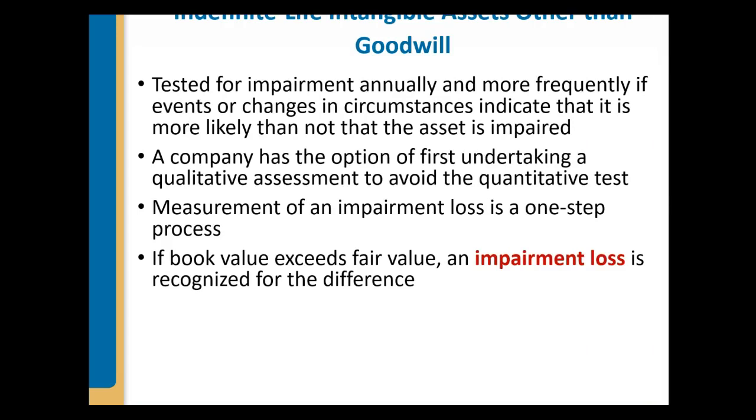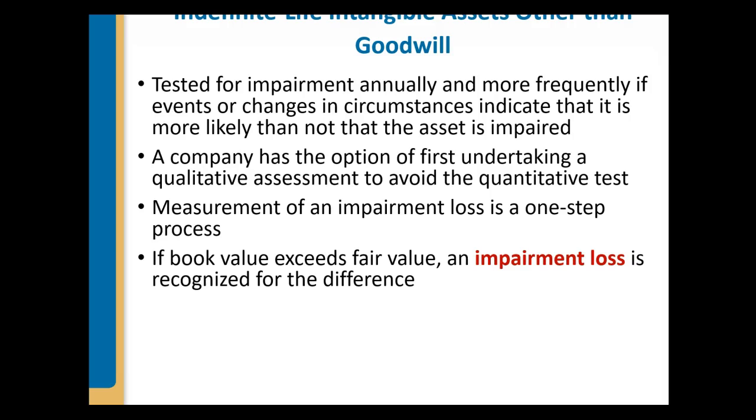Intangible assets with indefinite useful lives other than goodwill should be tested for impairment annually, and more frequently if events or changes in circumstances indicate that it is more likely than not that the asset is impaired. A company has the option of first undertaking a qualitative assessment.